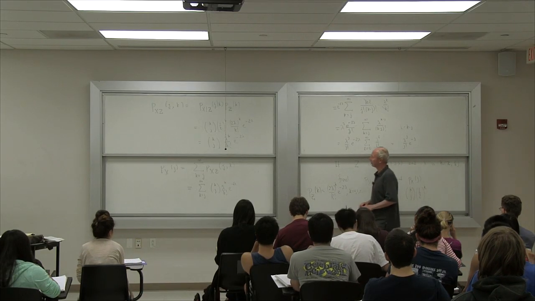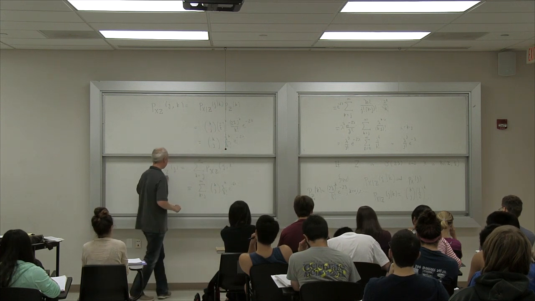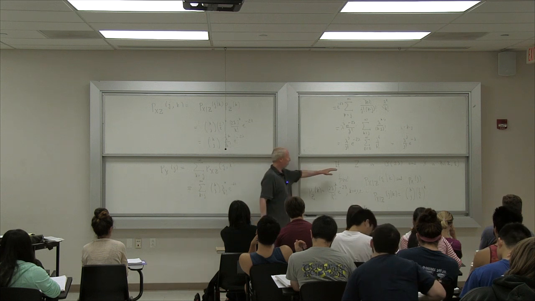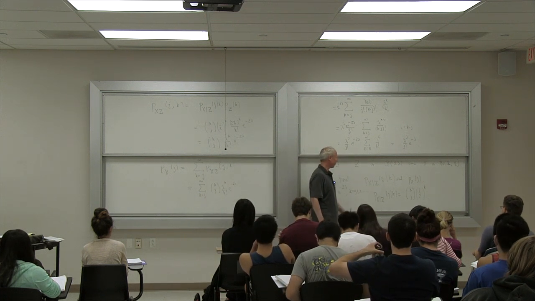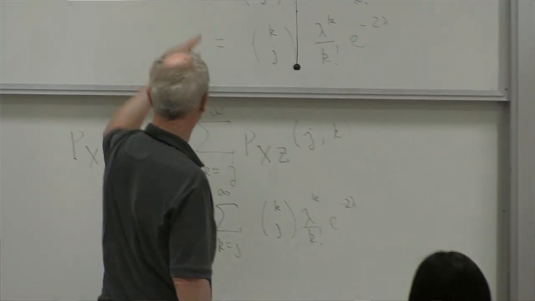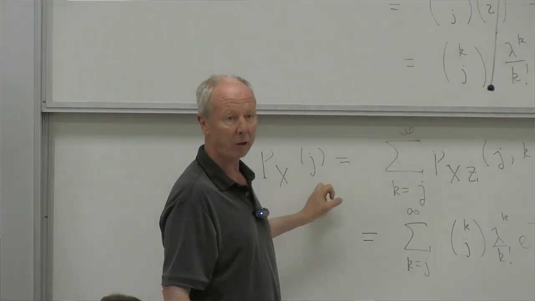Okay, and remember how to extract the marginal for x from the information about the PMF for z and the conditional of x conditional on z. You find the joint first, and then you sum out the z variables. That gives the marginal for x.